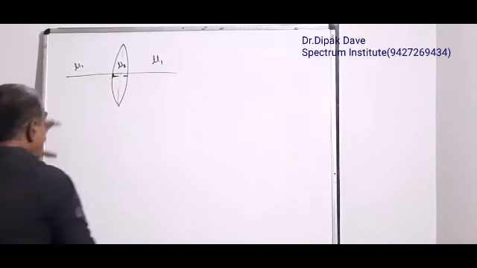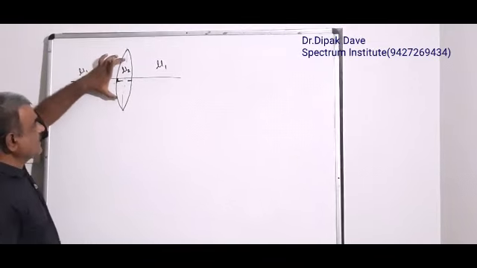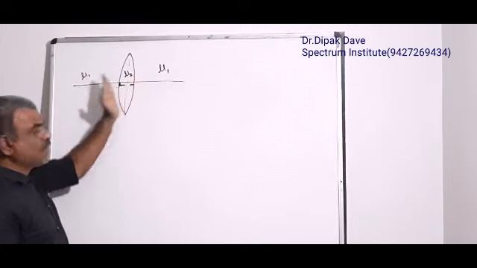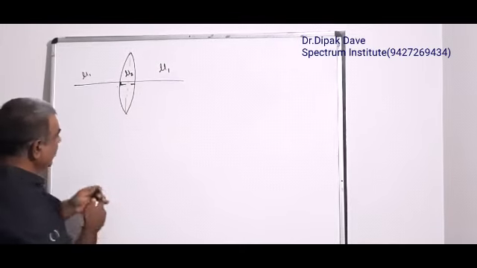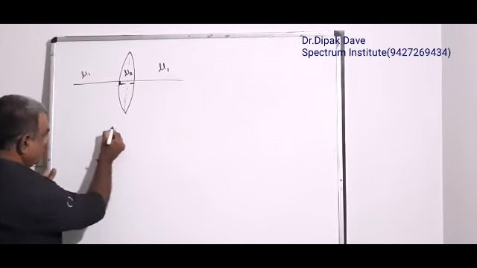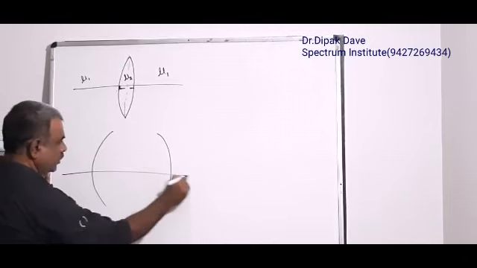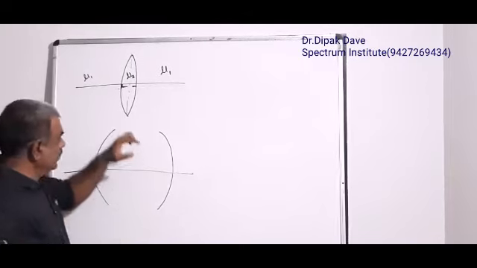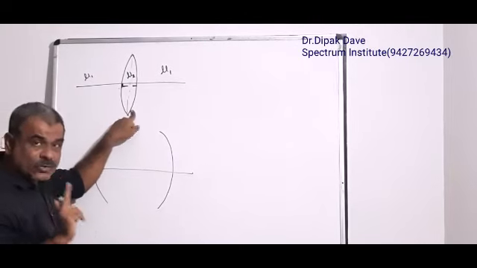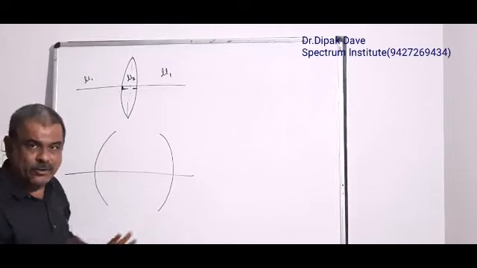So first of all, can you say that the given thin lens is a combination of two curved surfaces? Now I am enlarging the figure. Surface 1 and surface 2. Students, these two figures are the same, I have just magnified it to understand it.